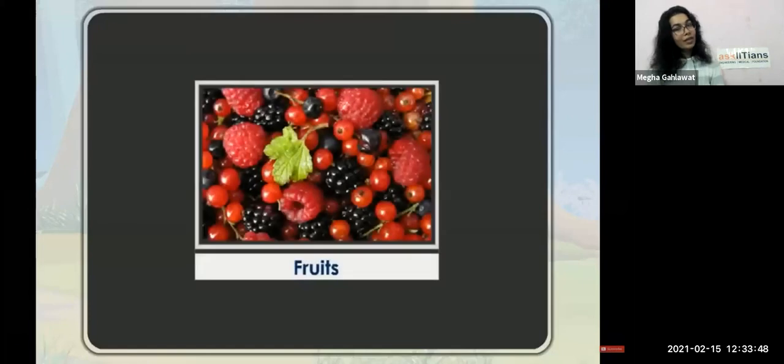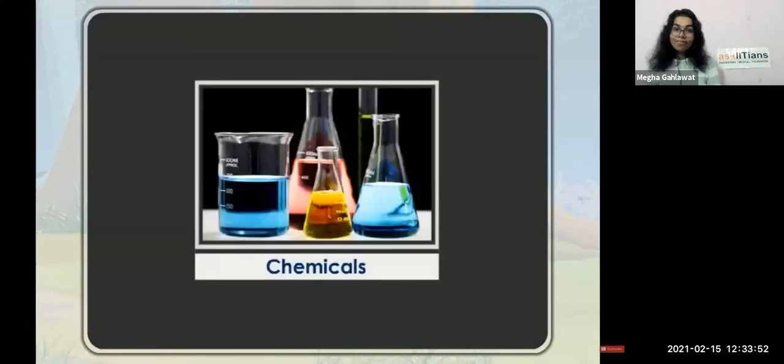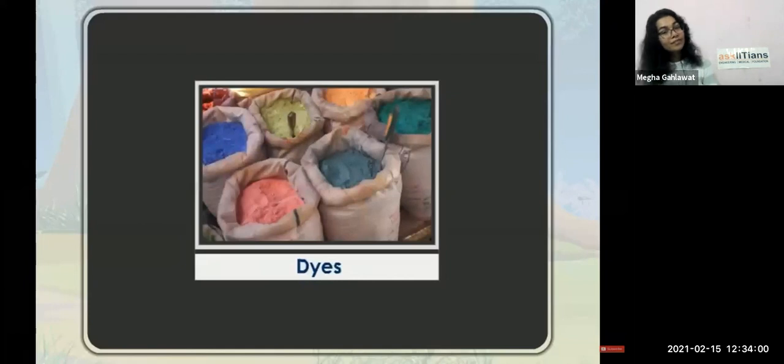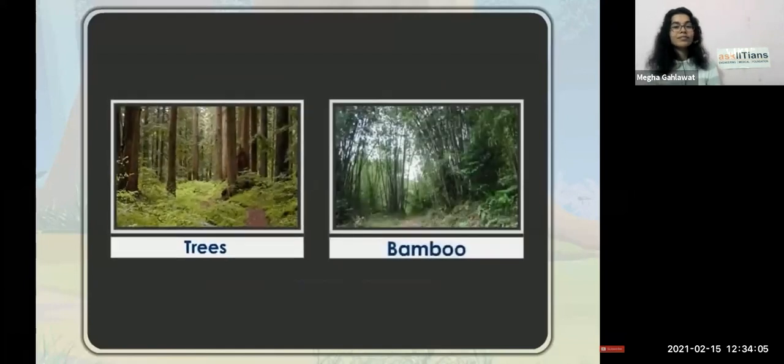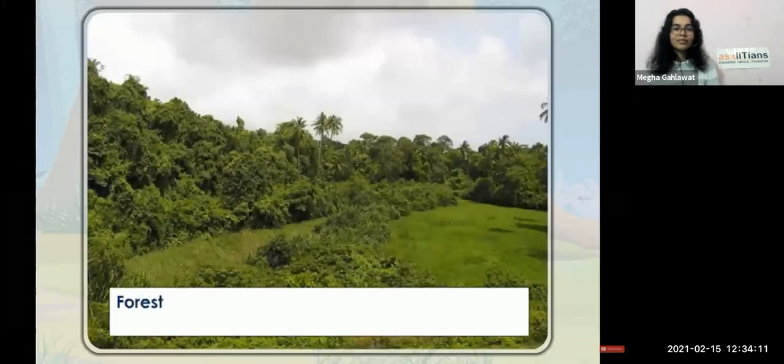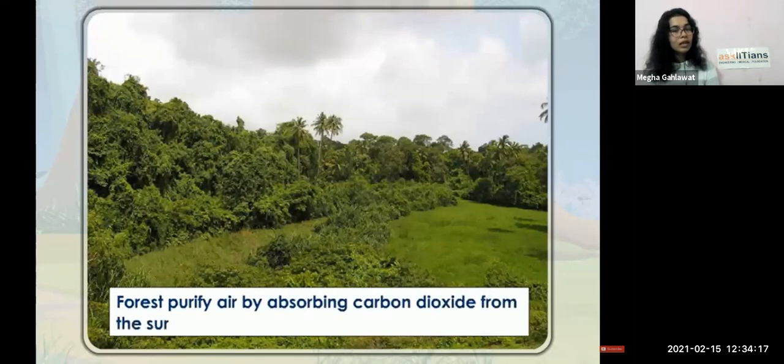Fruits, chemicals, raisins, and dyes are made from the trees and bamboo. Students, forests purify air by absorbing carbon dioxide from the surrounding air.